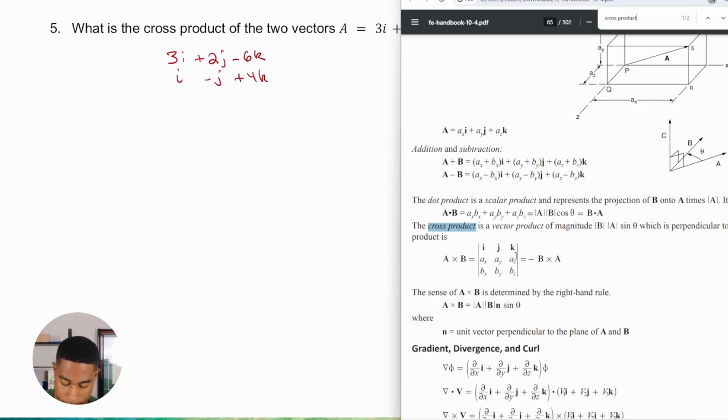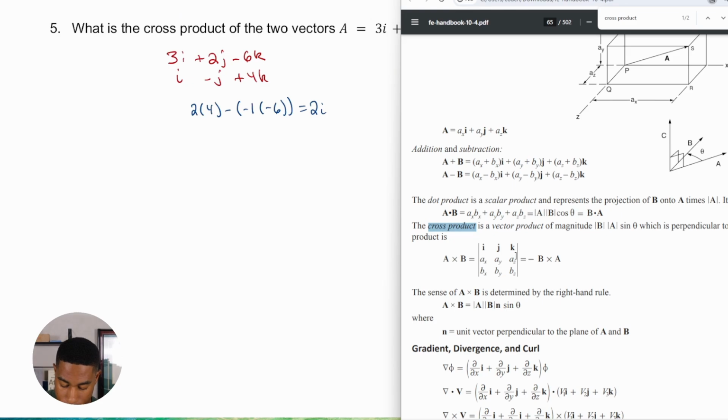So to get i, we have to cross this one and this one. So for i, we get 2 times 4 minus a negative 1 times a negative 6. Okay. And so for that piece, I get 2i.